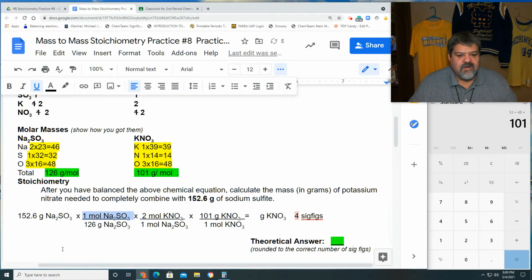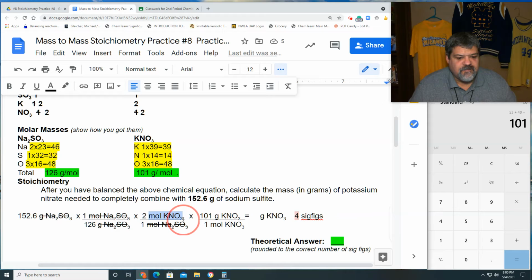Okay, now we're going to get rid of everything that we can. So we're going to get rid of grams of sodium sulfite there and grams of sodium sulfite down here. And I have moles of sodium sulfite here and moles of sodium sulfite down here. Now notice I'm not getting rid of the numbers, I'm just getting rid of the units.